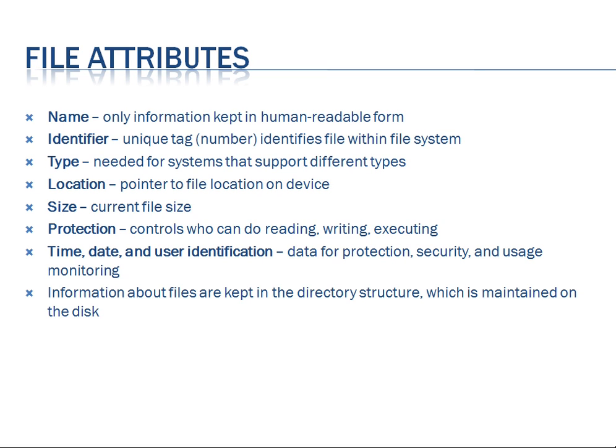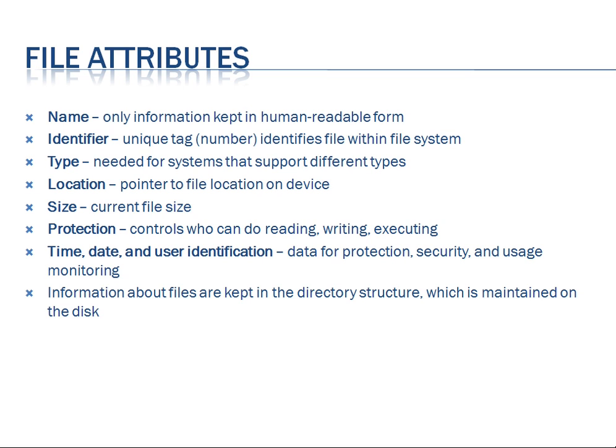Now, information about files is kept in the directory structure. Remember, the files are at the lowest level. Assume a tree structure where all of the data lies at the leaf nodes, and we just have sub nodes in between.